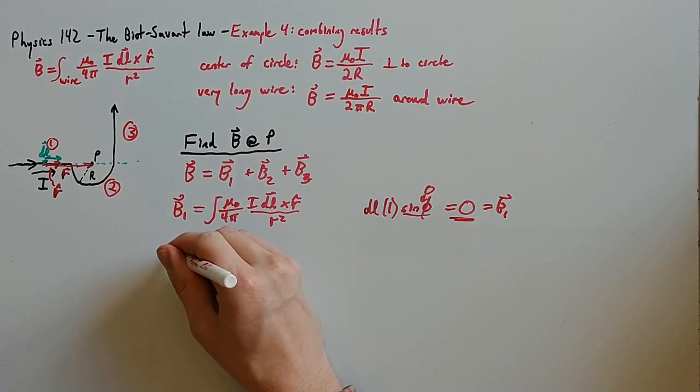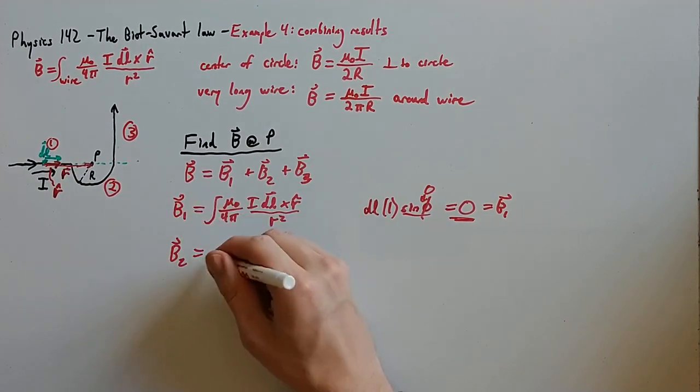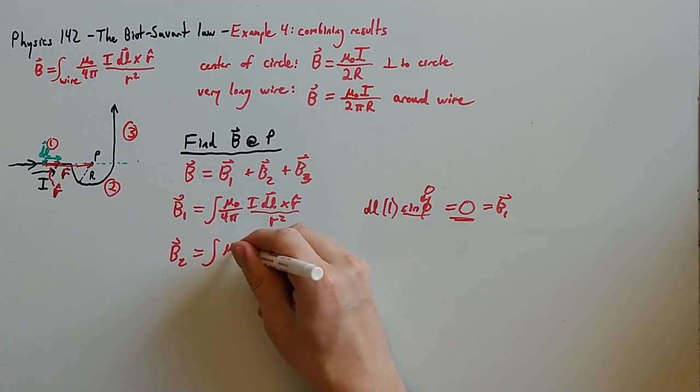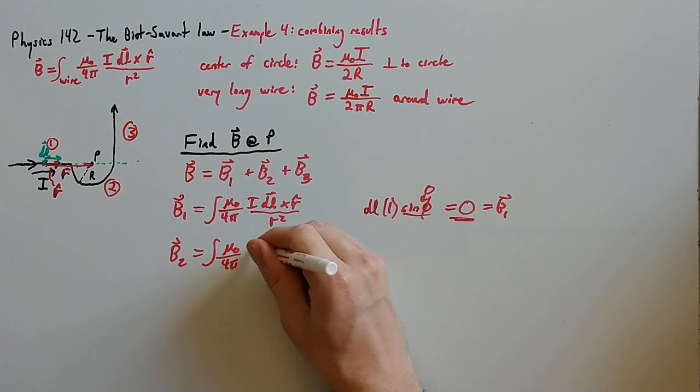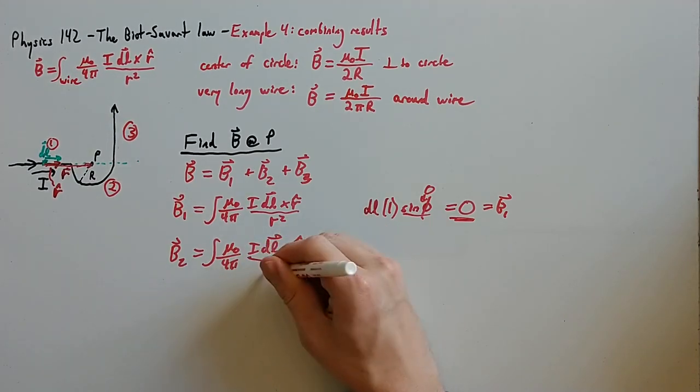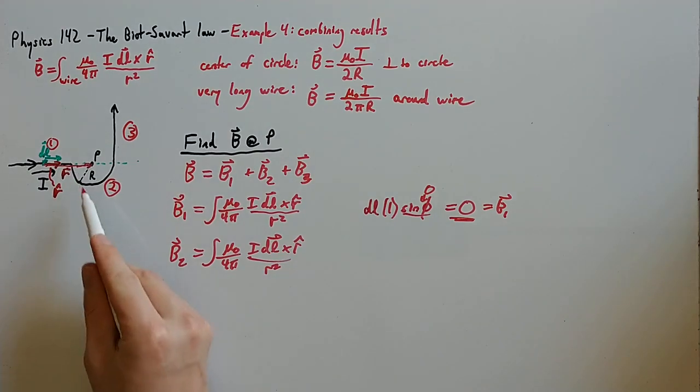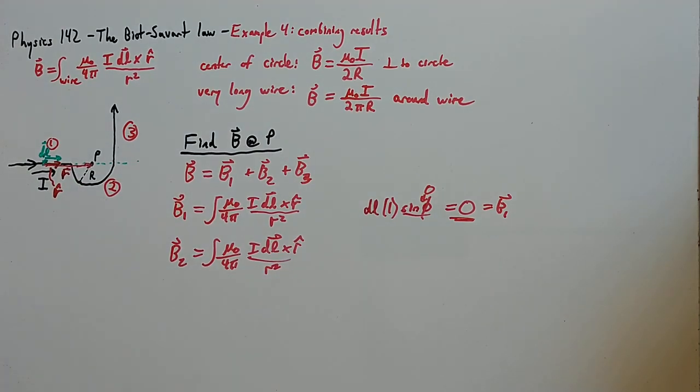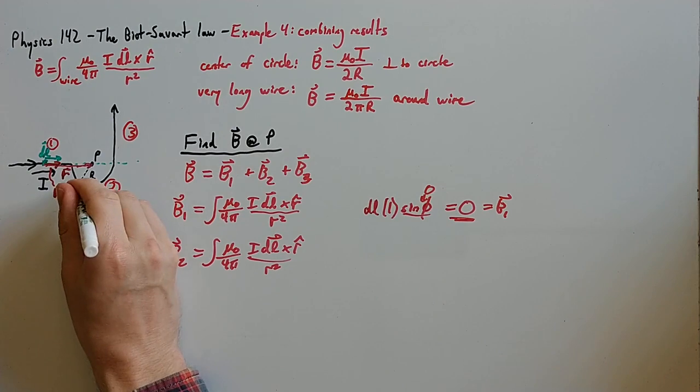All right, what about the magnetic field from part 2? Well, again, we write down the Biot-Savart law, mu naught over 4 pi, I dl cross r hat over r squared. And again, we need to write in some dl's. So let's pick a little dl vector here.